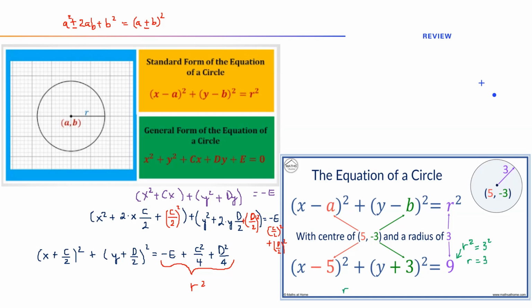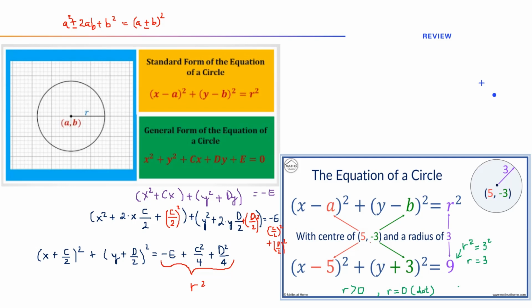R is always positive. If r equals 0, what happens? It means you have a dot. Just a dot. That is number 1 for the r.